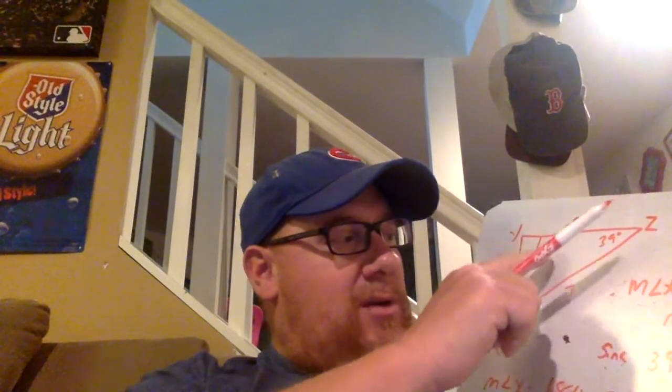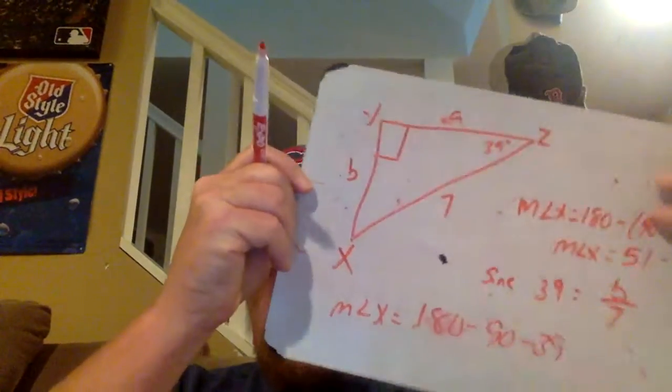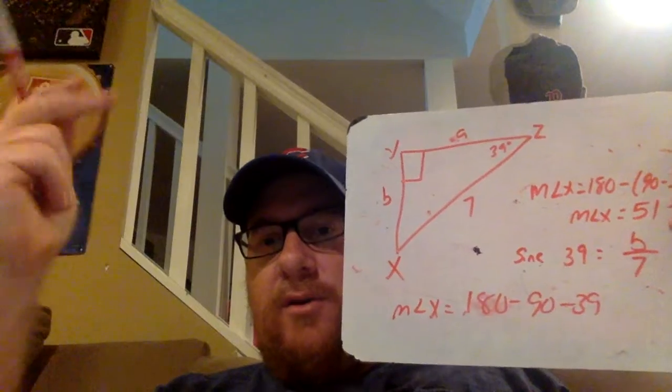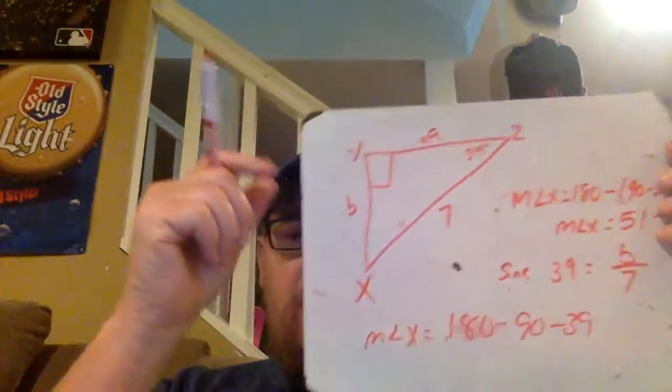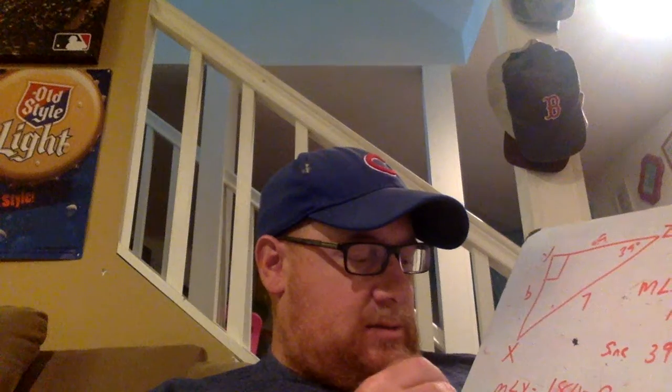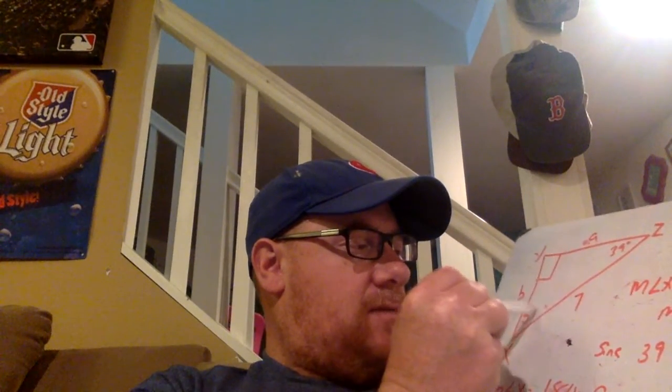The reason being is we know that all angles in a triangle, when they add together, equal 180. So if we know two of them, we can solve that missing one. And so I believe the measure of angle x is 51 degrees. So I'm going to put that right there.